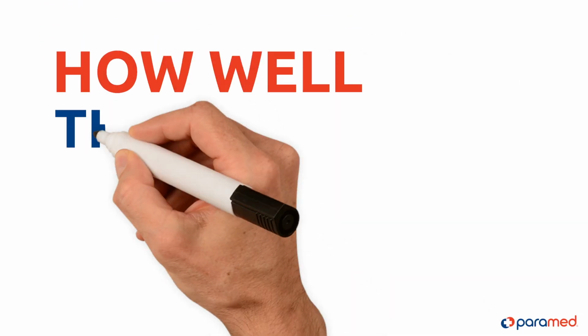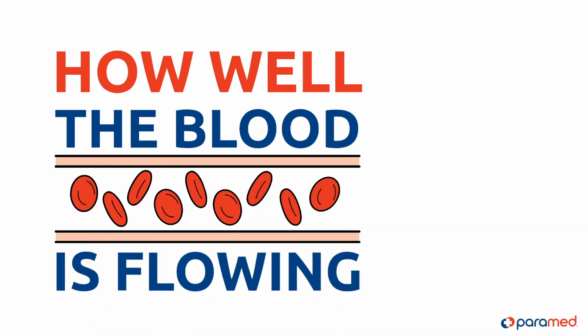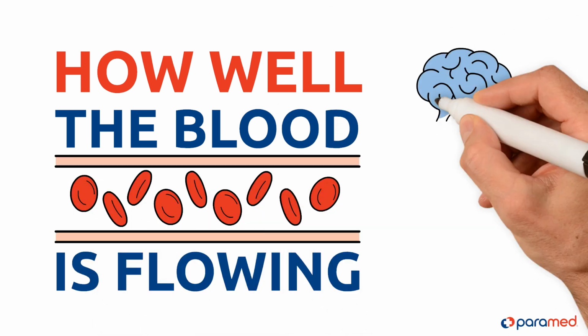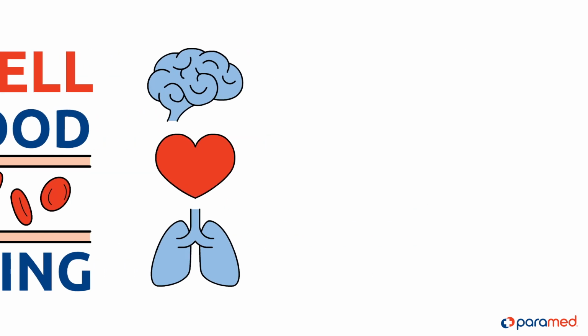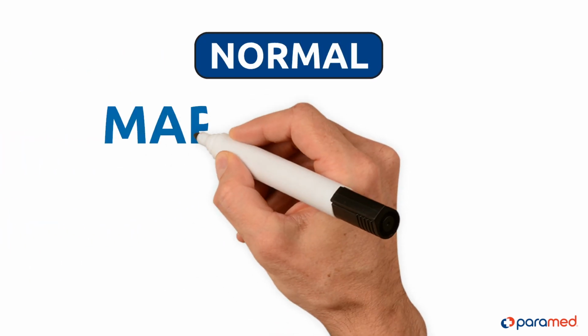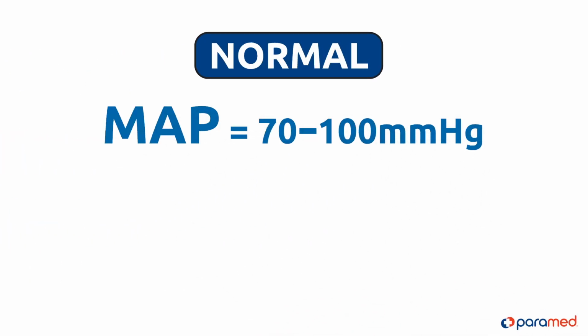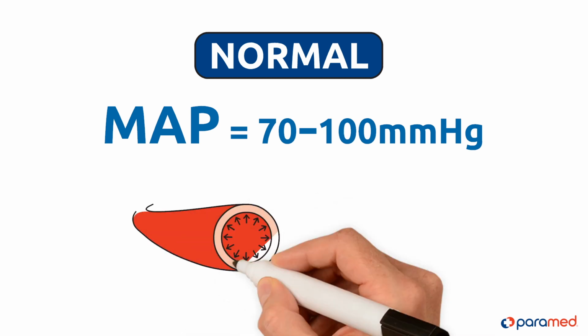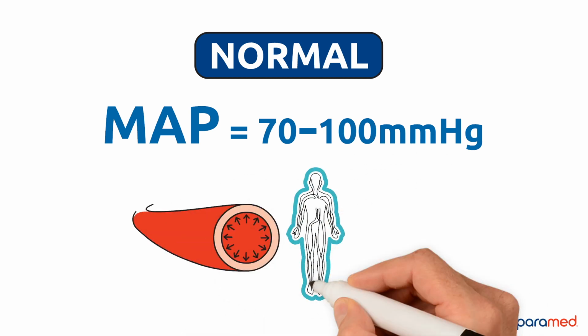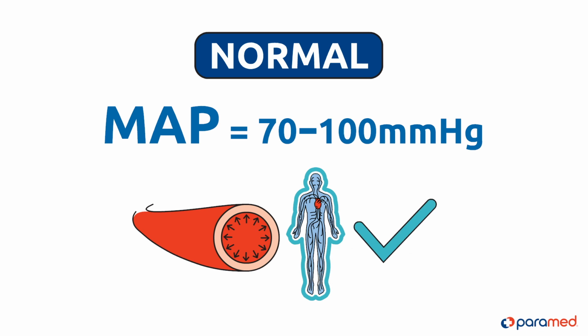Now, this allows you to assess how well blood is flowing through your body and whether it's reaching all of your major organs. Doctors generally consider 70 to 100 millimeters of mercury normal. MAP in this range indicates that your arteries have enough constant pressure to deliver blood throughout your body.